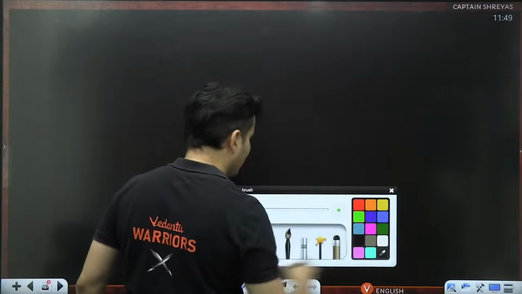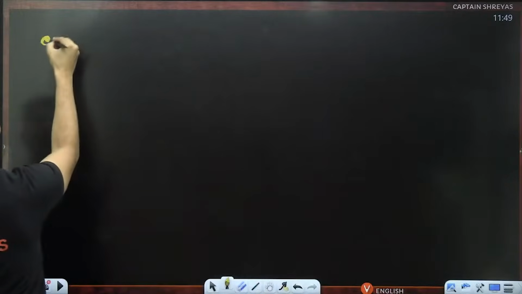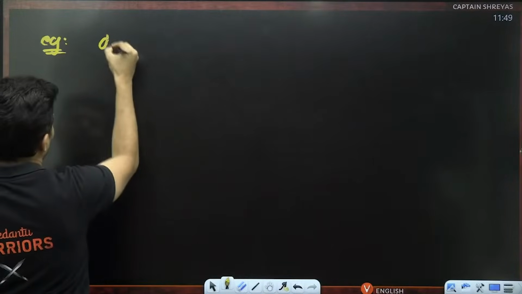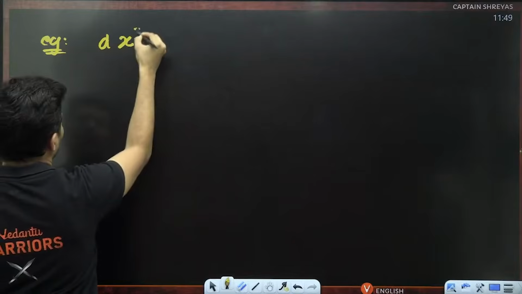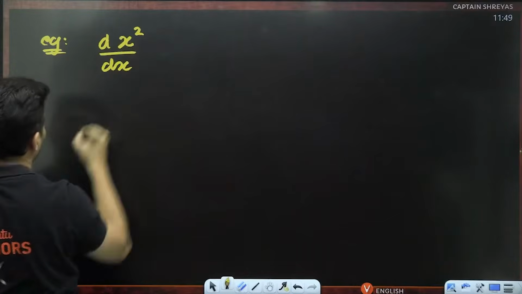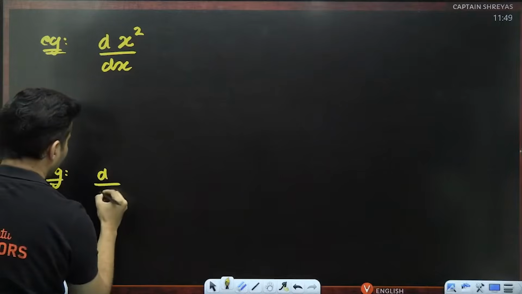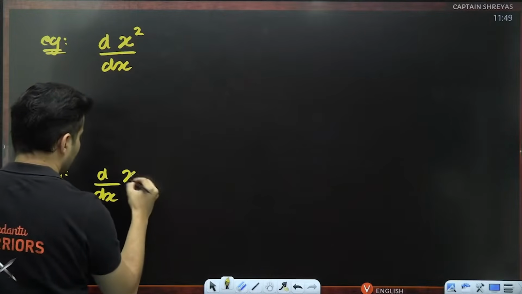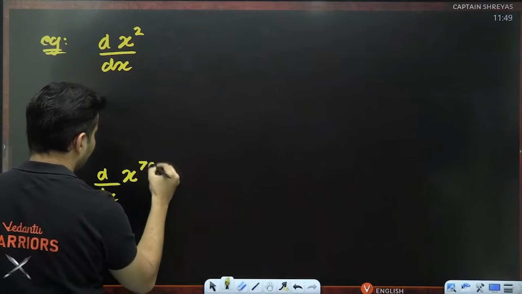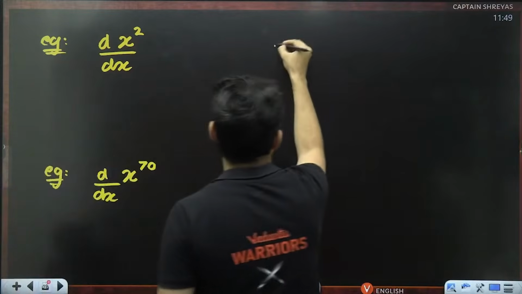Okay, let's see if you guys can find the derivative of this quickly in the chat box. Derivative of x square is how much? Next question. Derivative d by dx of x raised to 70 is how much? Next question.